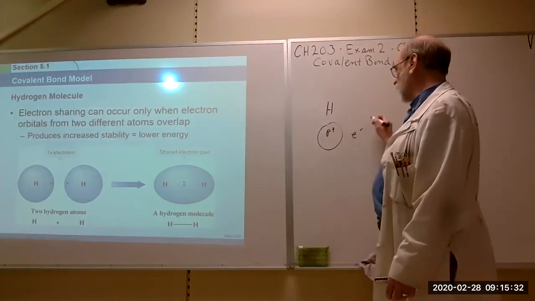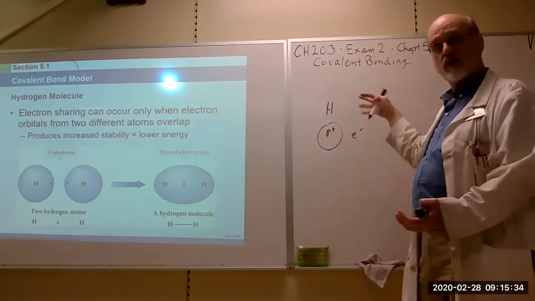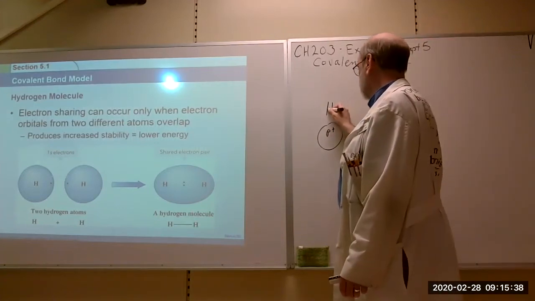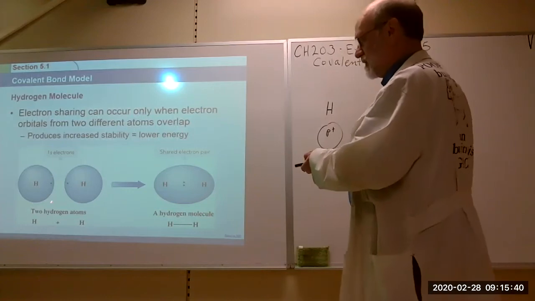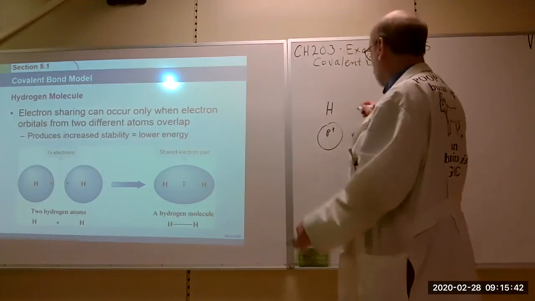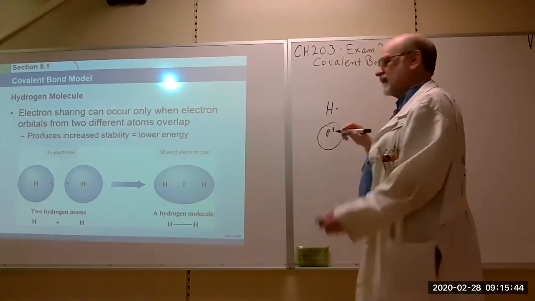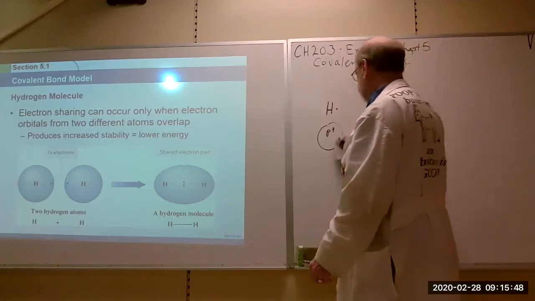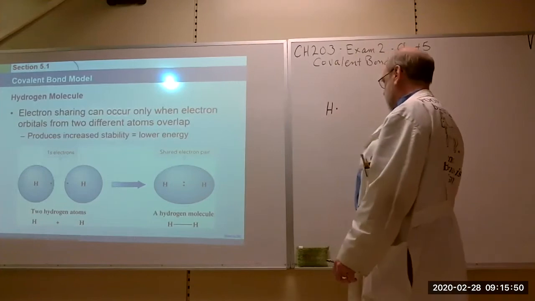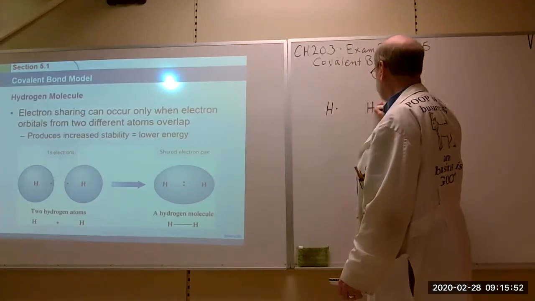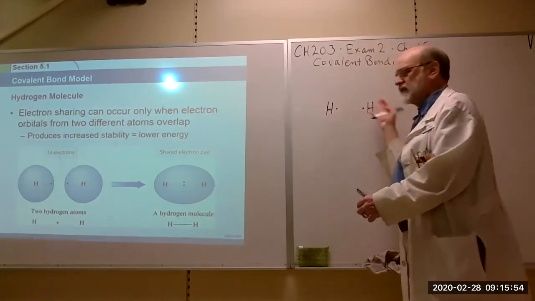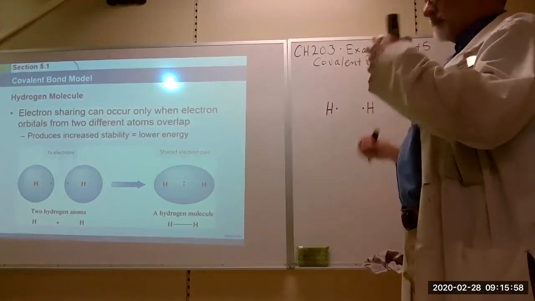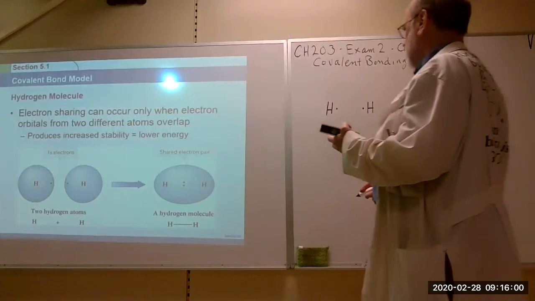And then, of course, it has one electron to balance the charge. Well, if we just put one dot up here for that electron, then it's easier to visualize rather than having to draw this model. Right, so we have two of these hydrogen atoms.